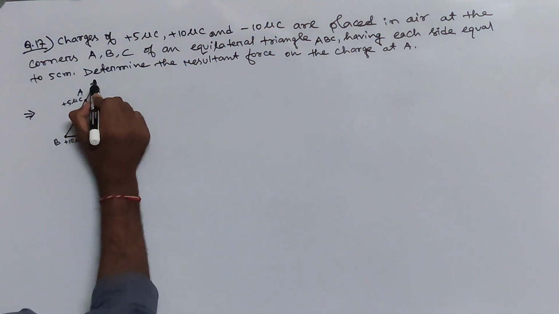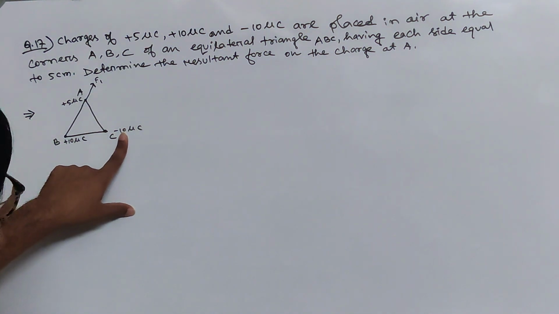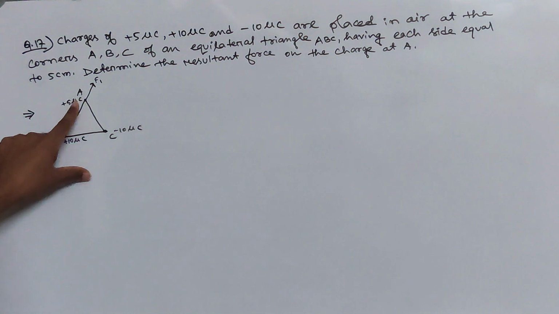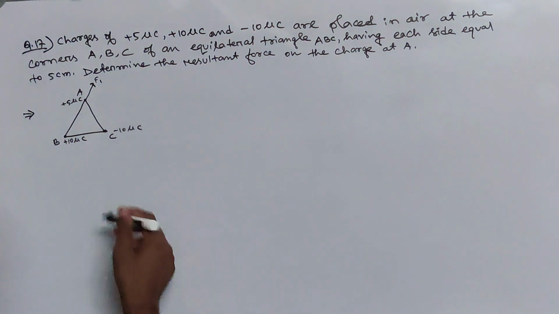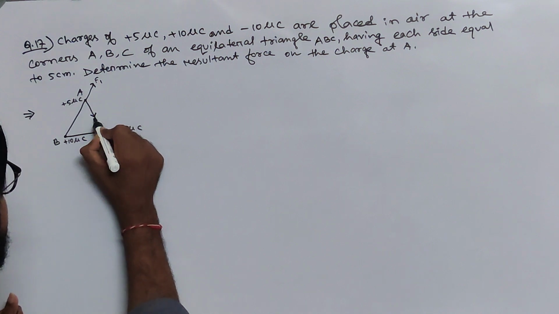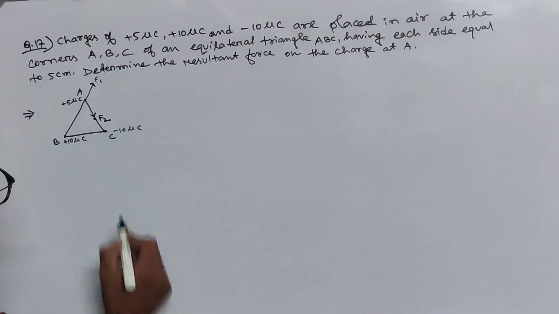Let's say this is F1. And the minus 10 microcoulomb charge at the position C will attract that plus 5 microcoulomb charge along the direction AC. Let me call it F2.